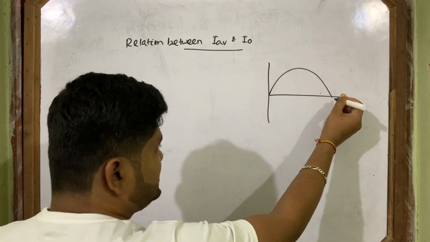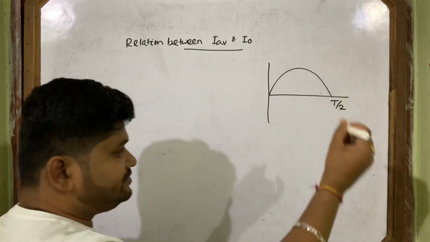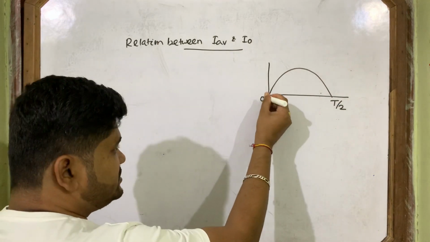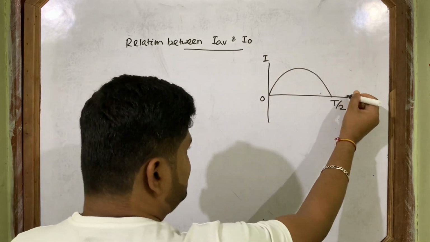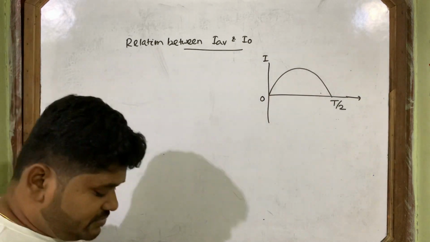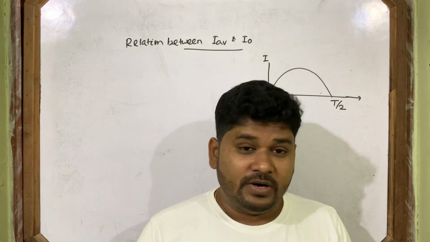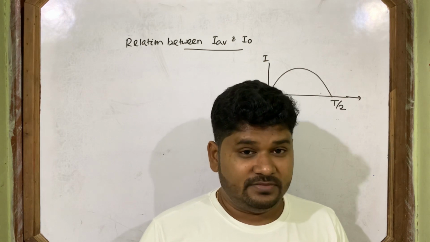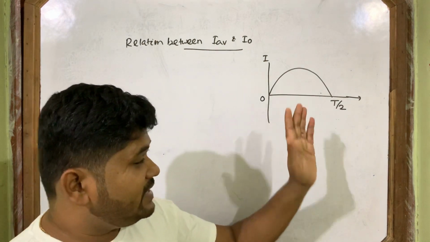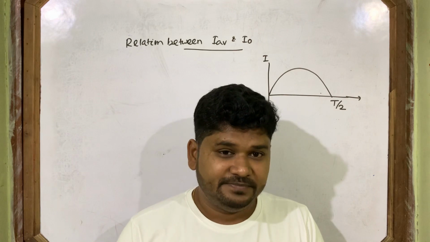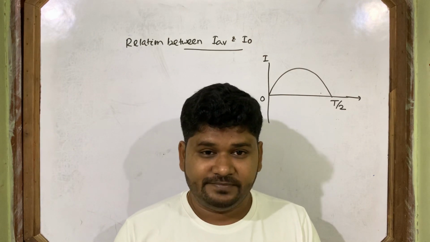This is only for a half cycle, and the time goes from 0 to T by 2, with current I. Now, can you give me any idea to find the average value for this half cycle? Any idea coming to your mind?